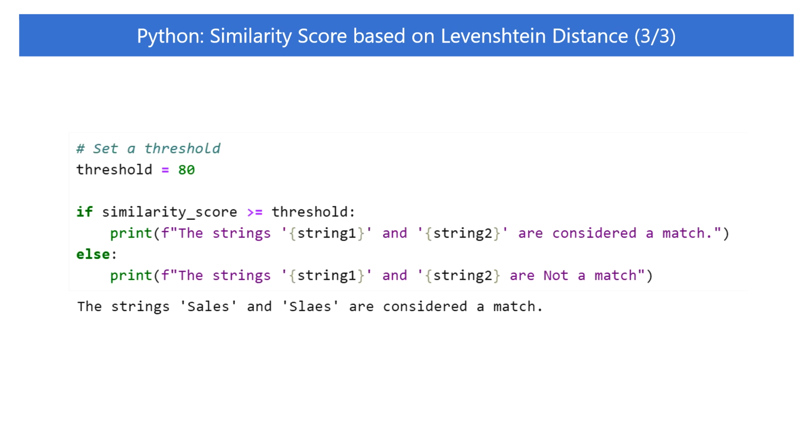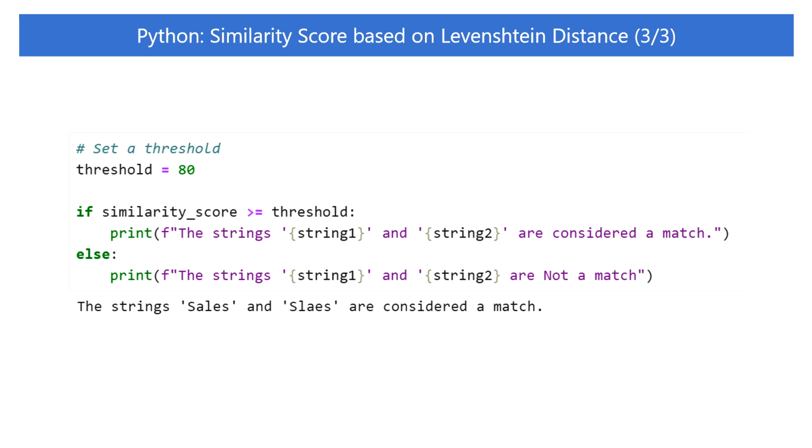Next, set a threshold for matching. The threshold value of 75 is set. This is the minimum score required to consider the strings as a match. Then, compare the score against the threshold using if and else.